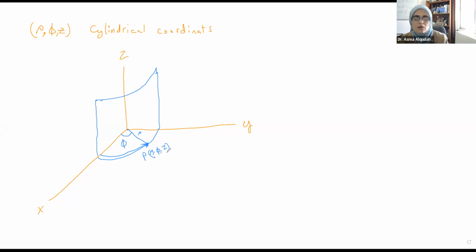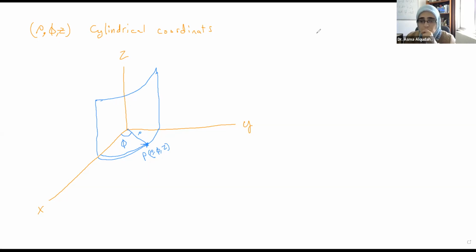Okay, and the last component is z, which is defined exactly the same as the z coordinates in the Cartesian space.